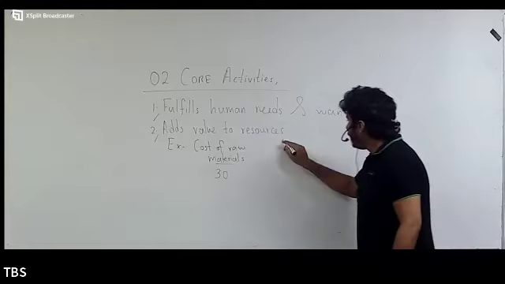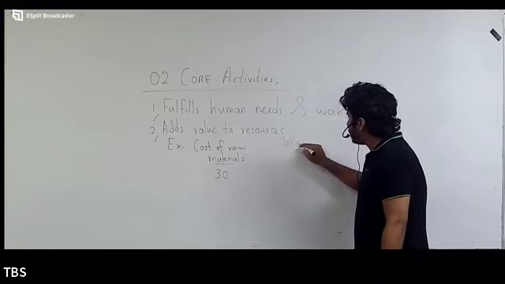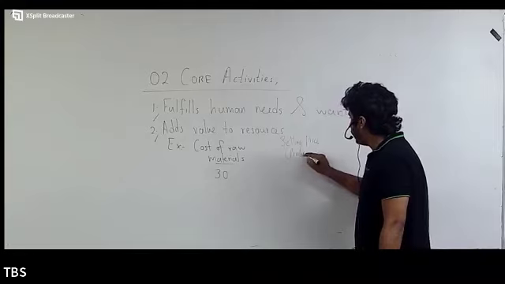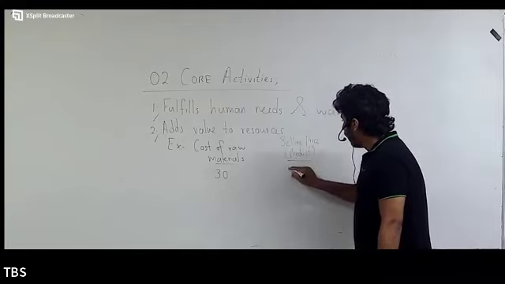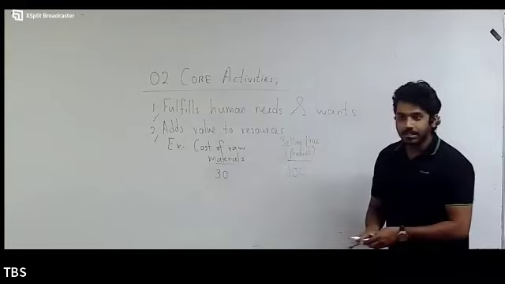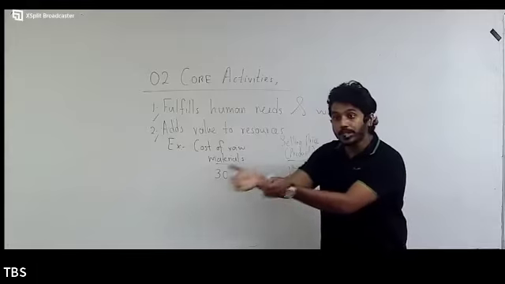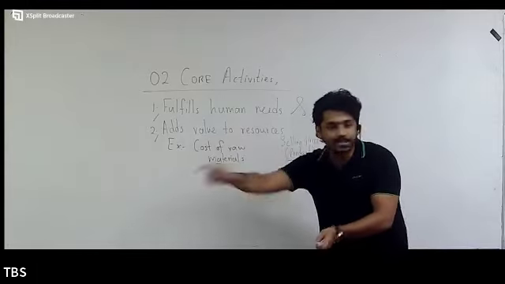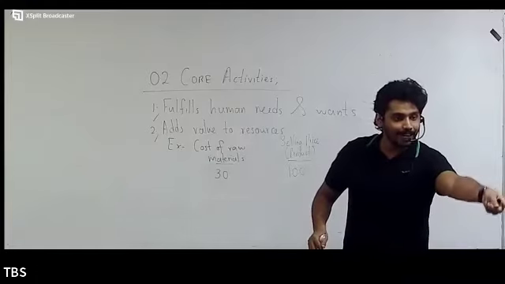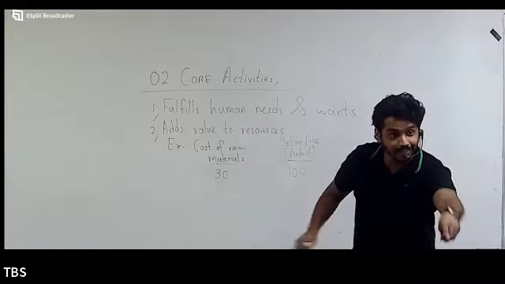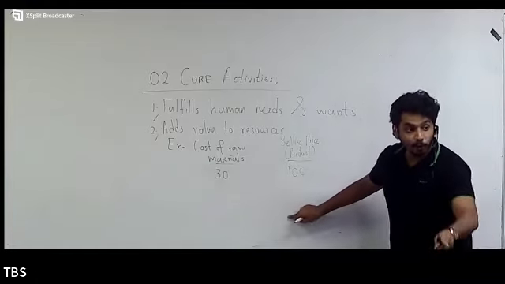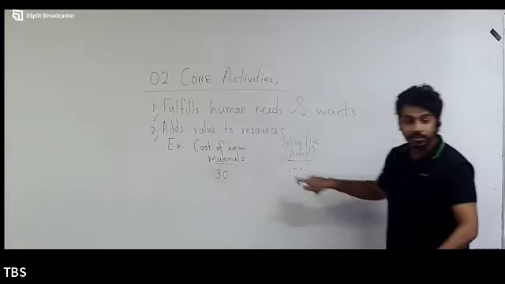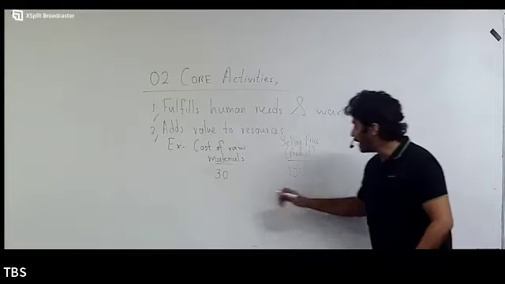Now, the selling price of the product is, let's say, 100. Now, look at this case. Resources cost was how much? 30. Now, using the same resources, they have manufactured what? A product. What's the selling price? 100. Now, resources cost was 30. Selling price of the product is 100. Now, what's the value add here?